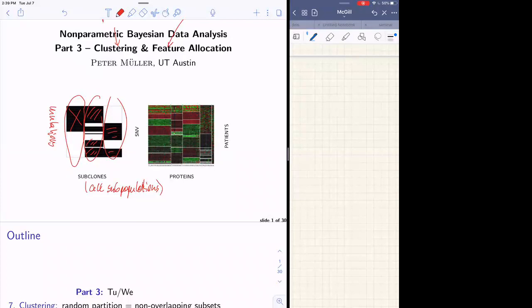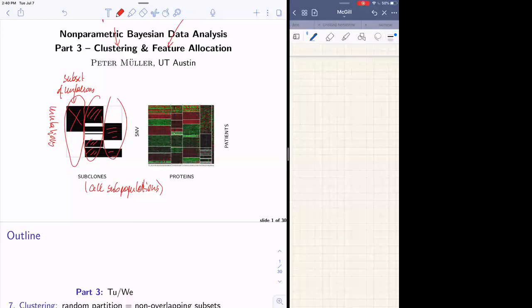But back to the statistics, when we try to learn about such subclones and subpopulations, then we need a probability model for subsets of mutations. So we could have a probability model for a particular subset of mutations. And that will be exactly one of the models that we shall talk about.